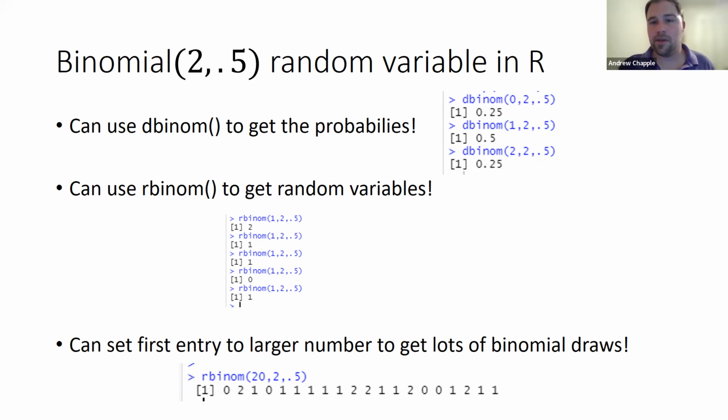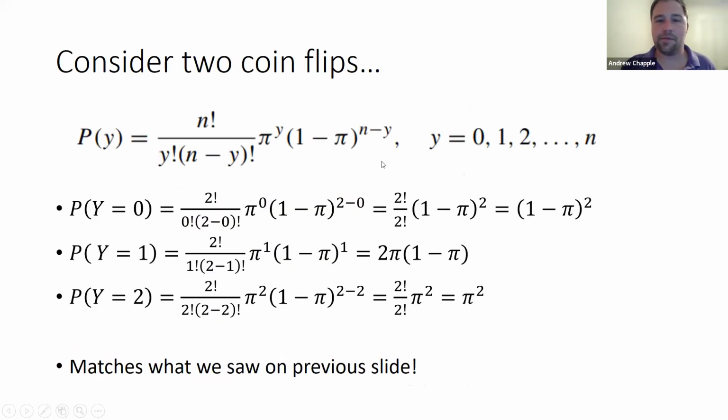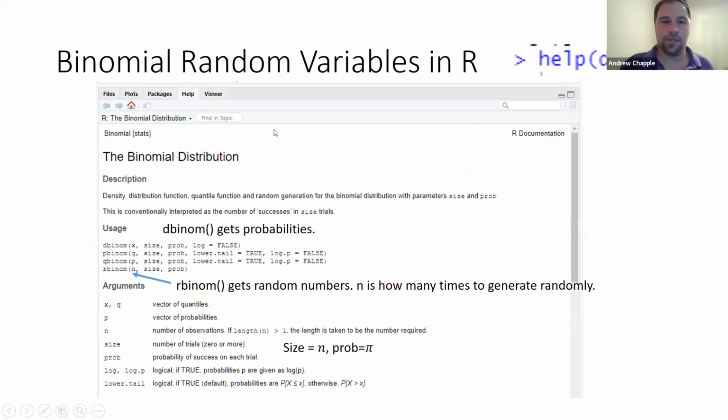So up here, dbinom, this is calculating these probabilities right here. This is just this function here. You plug in y as your initial value. You can see that here. With dbinom, you plug in an x, which is your y value, you plug in your size, which is your n, and you plug in a prob, which is your probability.